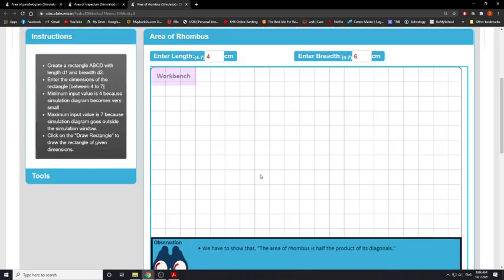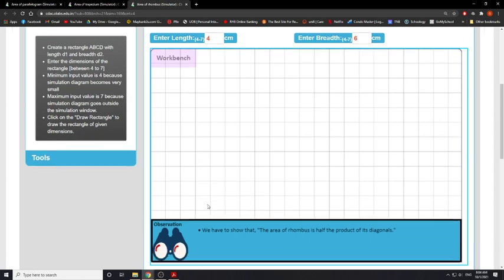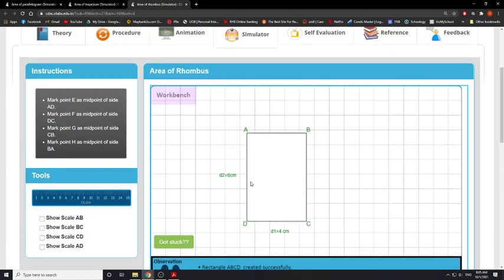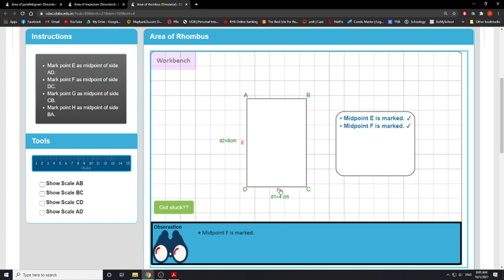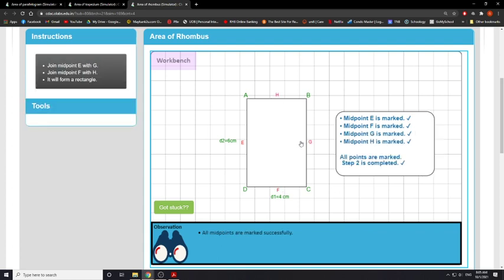If I create a rhombus or kite, whichever, let's say I want 4 and 6. I draw this rectangle. My height is 6, my width is 4. I want to mark my midpoints first. I have E, F, G, H. E is right at the middle of AD, F is right at the middle of DC, and so on and so forth.